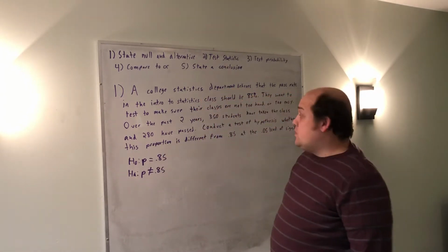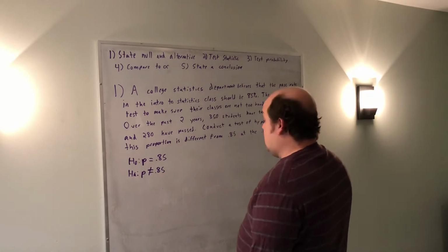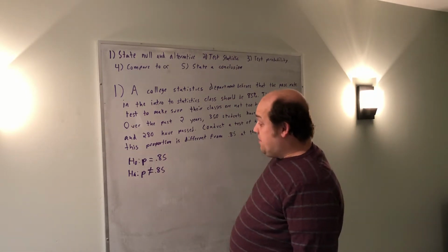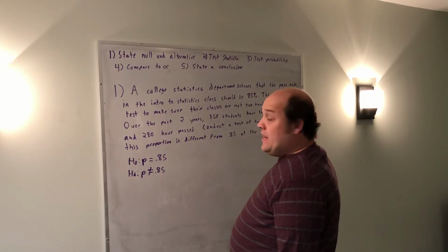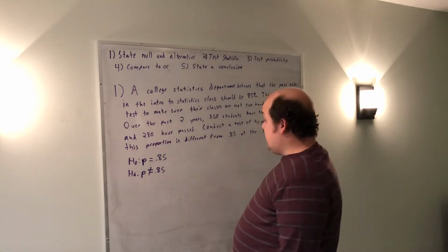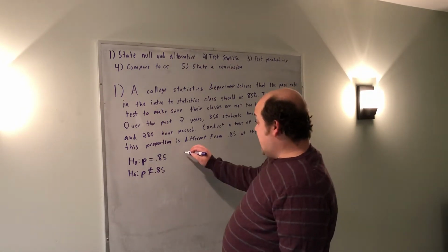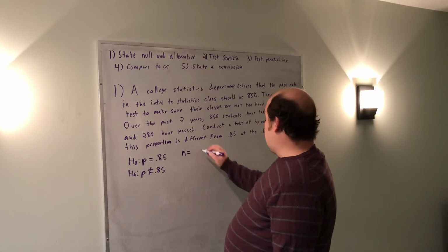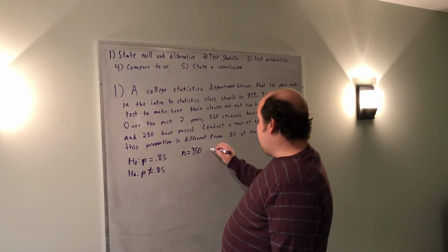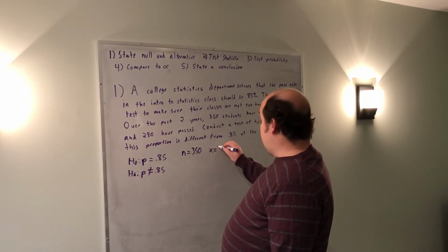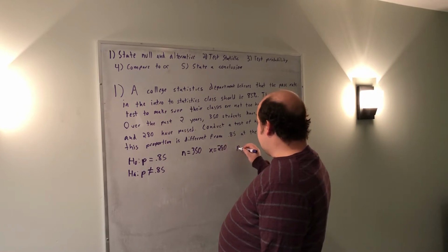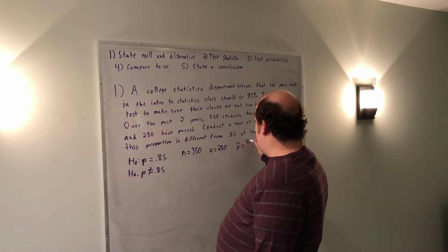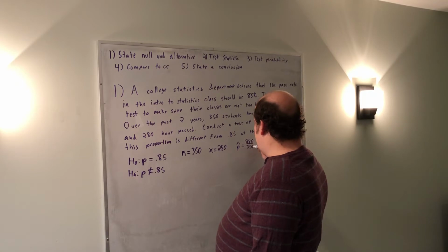Next thing I'm going to do is pull out the key numbers in here. So we have 0.85 as the population value for P. We need to find what the sample value is, but in order to do that, we need N, the number of people they looked at, which is 350, and we need X, the number of people who fit, which is 280. That allows us to find P hat, which is 280 over 350.